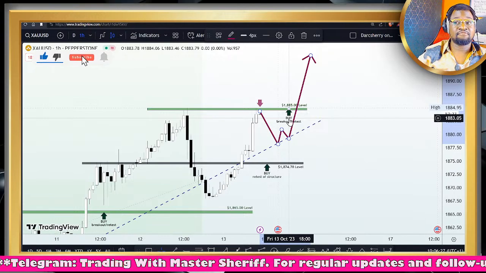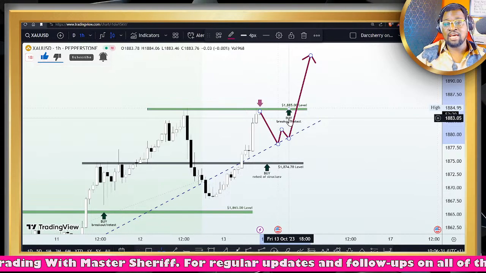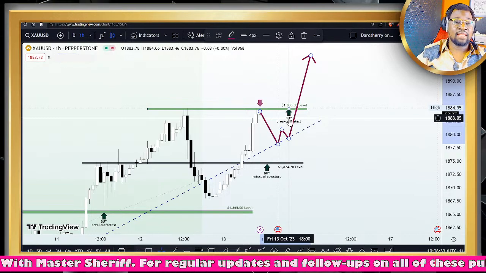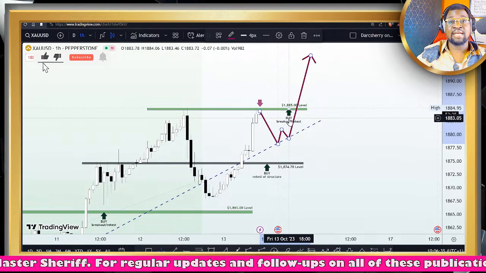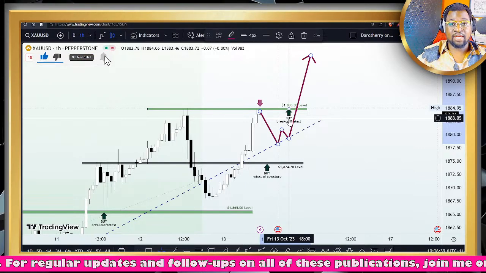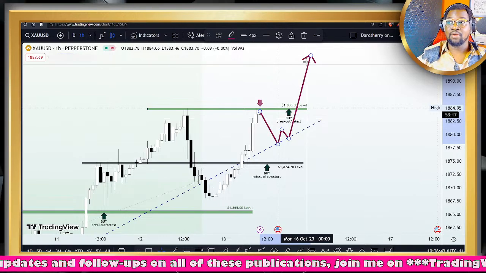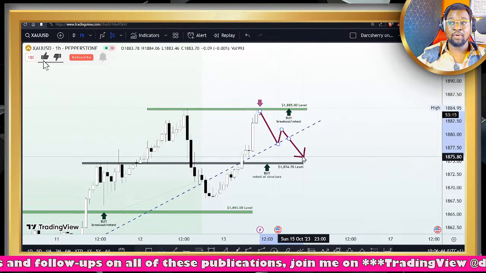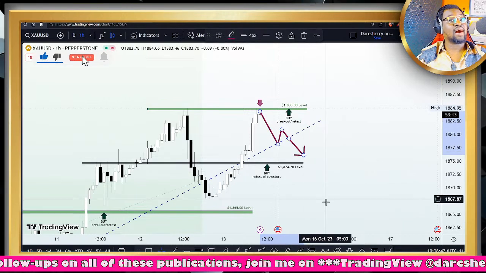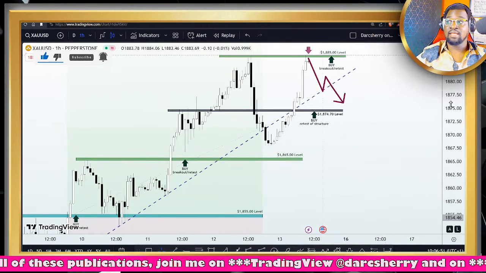However, if the contrary happens, you know the market is a very fluid environment, and for us to be successful in this environment, we want to be as dynamic as possible. And if sometimes the market just does what it wants to do, and it goes on to break down that ascending trend line, then this will be the second time the trend line will be broken this week.